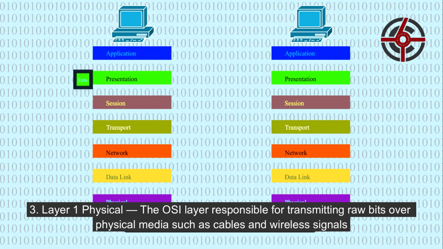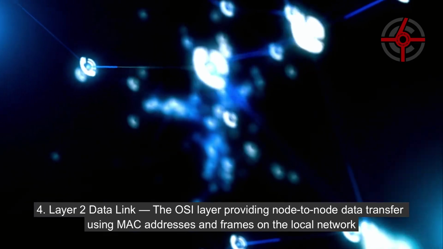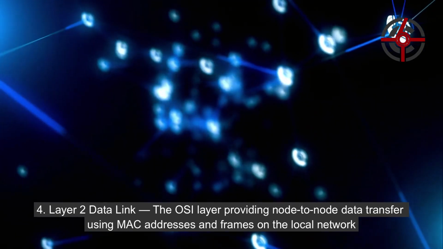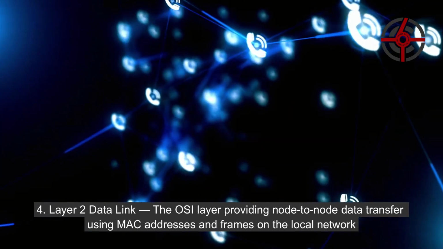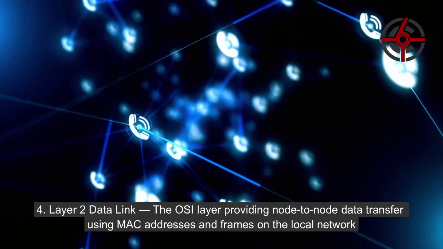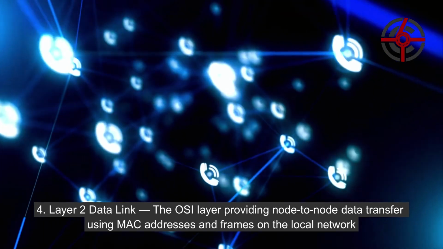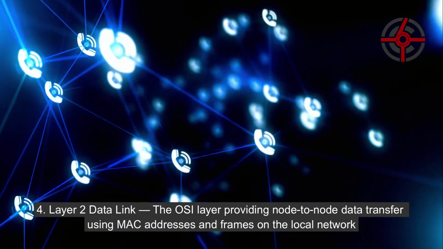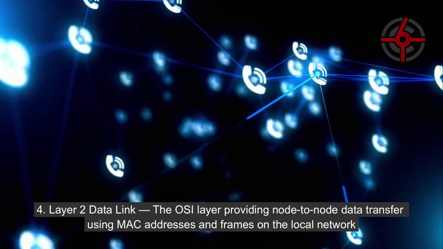Layer 1. Physical, the OSI layer responsible for transmitting raw bits over physical media such as cables and wireless signals. Layer 2. Data link, the OSI layer providing node-to-node data transfer using MAC addresses and frames on the local network.